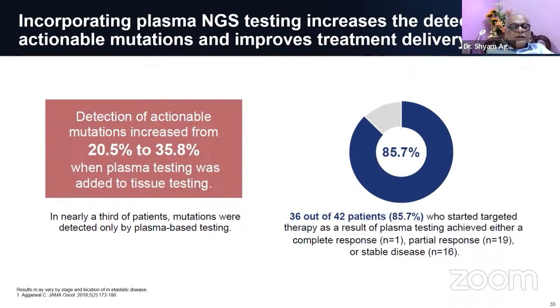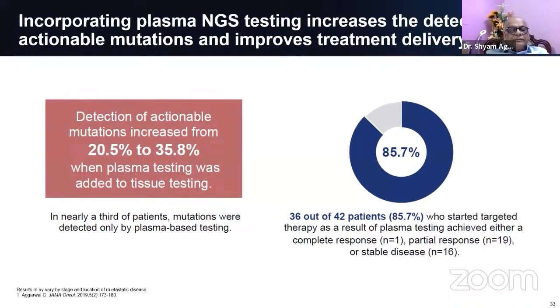So we have all been thinking that we should do both, but then the cost does come in the way. But I think if somebody can afford it, if you don't pick up on the tissue, the plasma NGS can pick up an extra 15% or so mutations, which can be relevant to that particular individual.